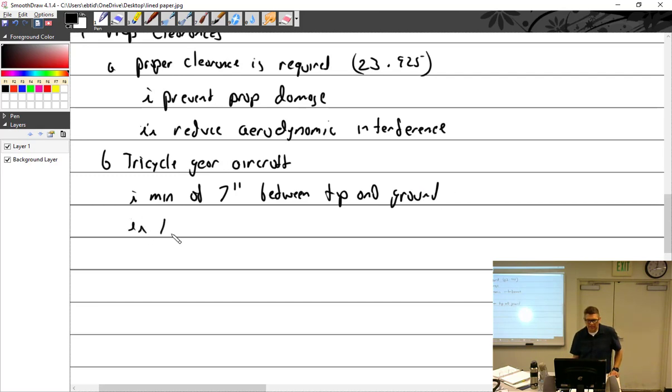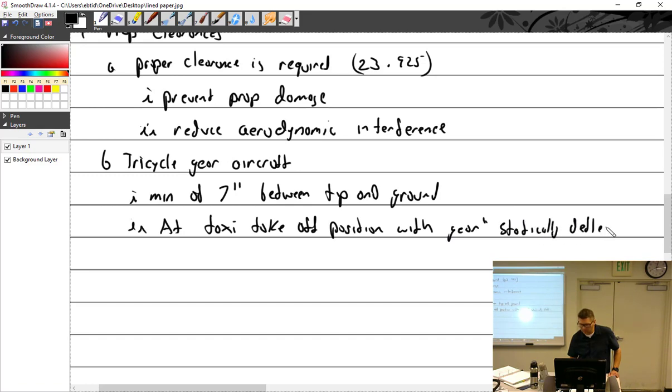That is at taxi takeoff position, with gear statically deflected. Why is gear statically deflected? Static deflection is simply the amount that a spring compresses under the weight of the equipment.